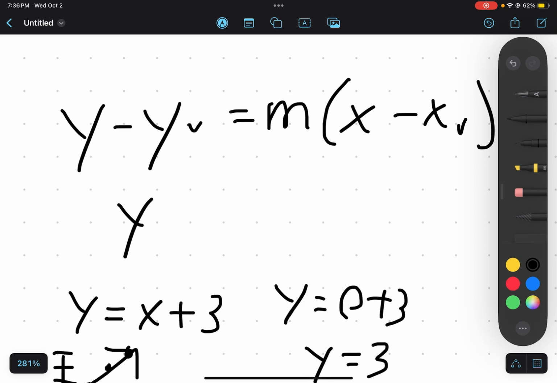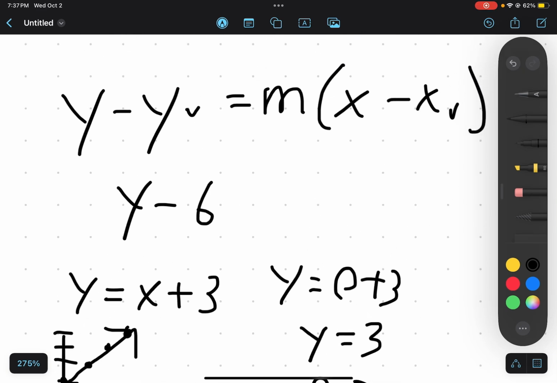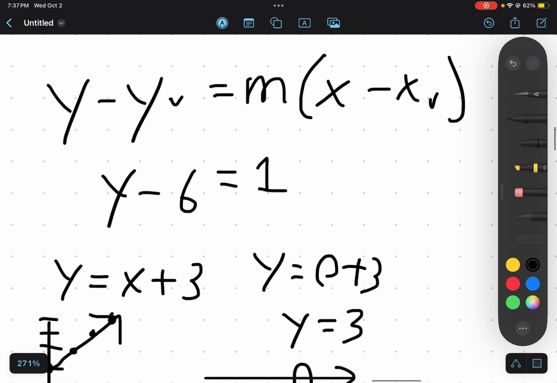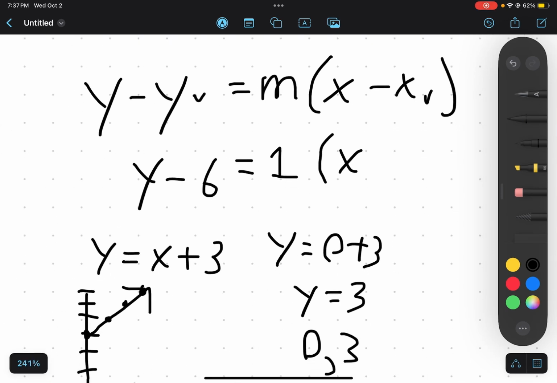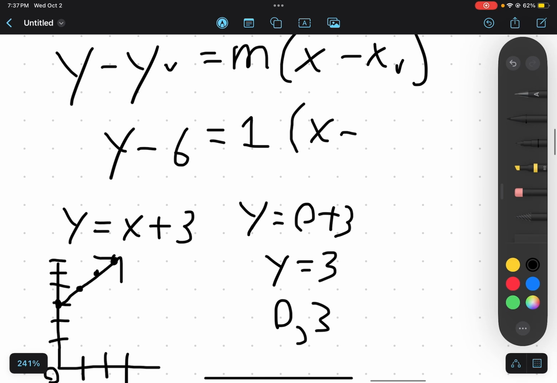Y minus, so the y value for the 3, 6 would be 6, minus 6 is equal to the slope being 1, since there's no m value in the front of y equals x plus 3. So you can either leave it blank or you can just add the 1. For here, let's be concise and add the 1. Times x minus the value of 3, since that is what we have as the x point.